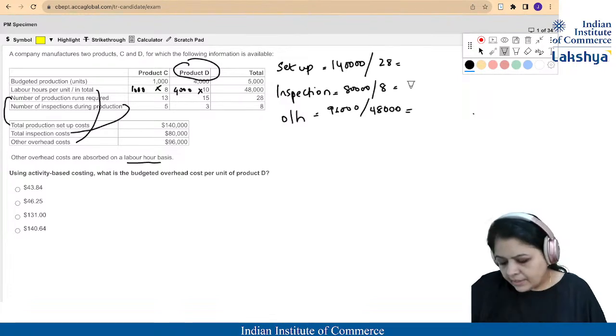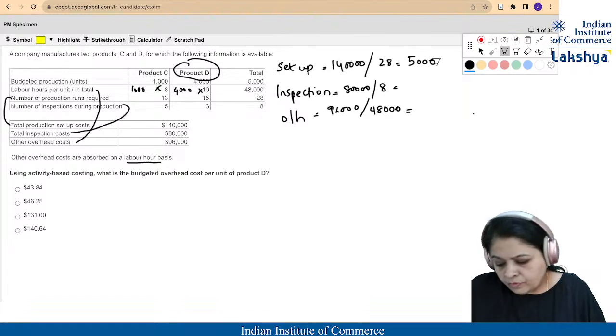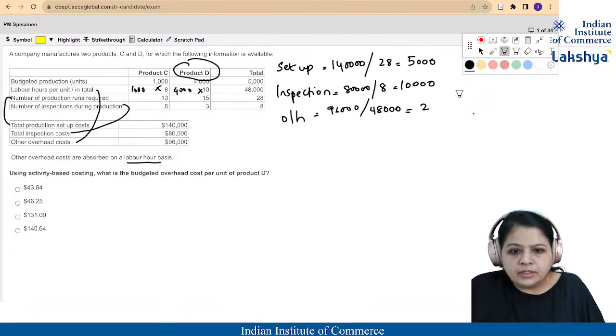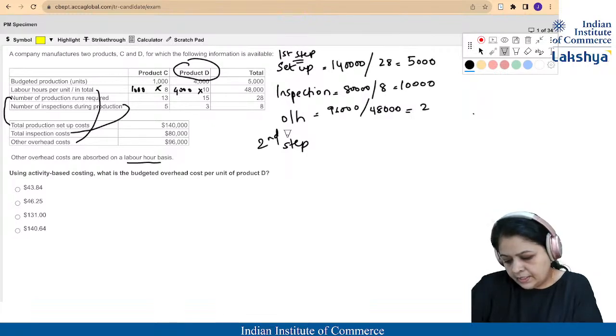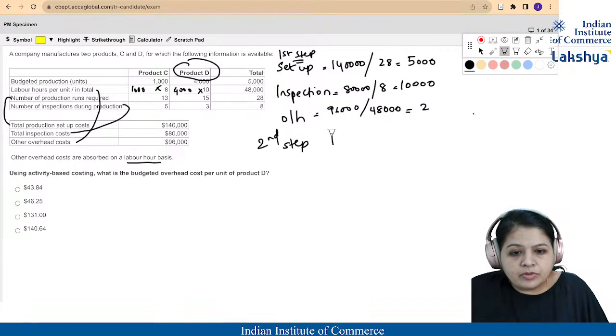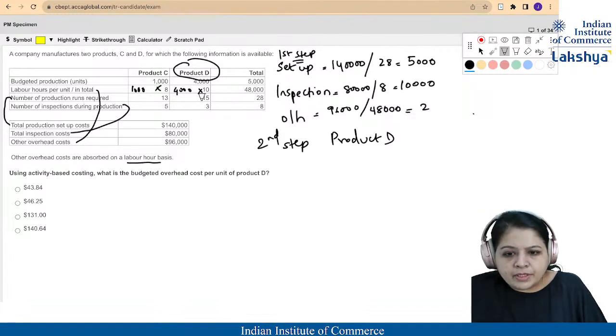I've calculated the values, which come to 5,000, 10,000, and $2. First step done. Second step is where you need to find out the cost of product D. So we're just going to focus on product D. How many setups do you require for D? 15.